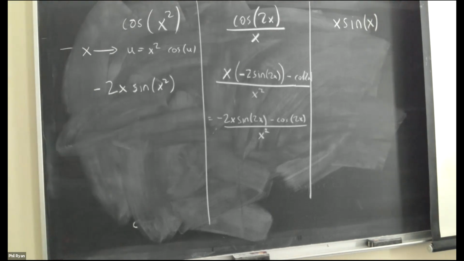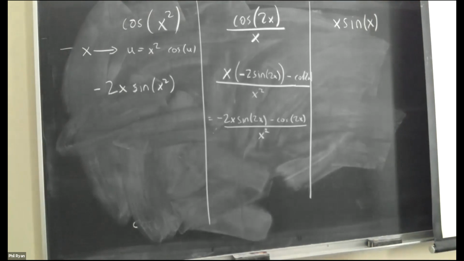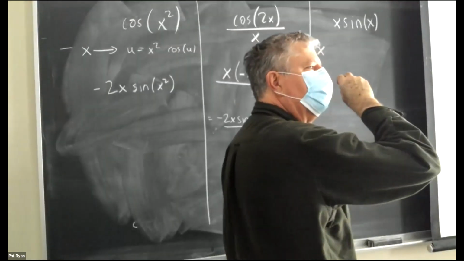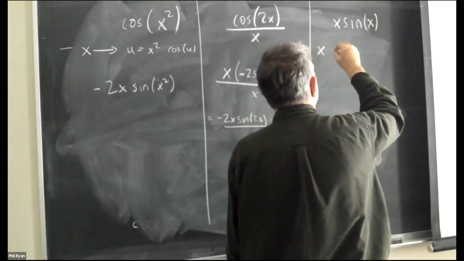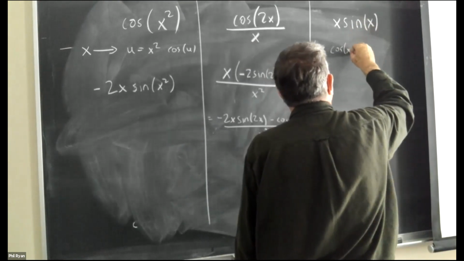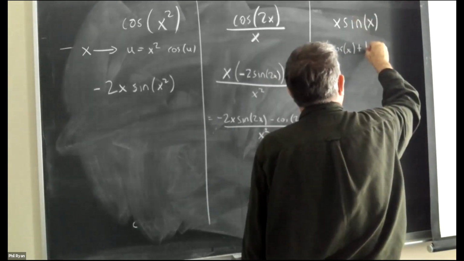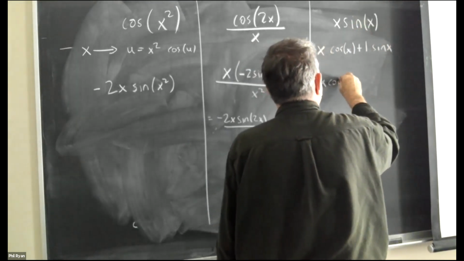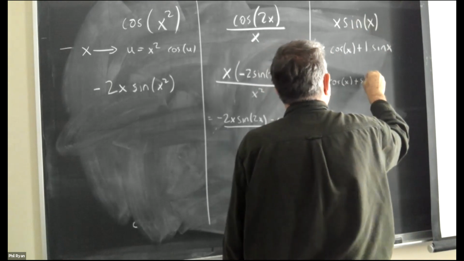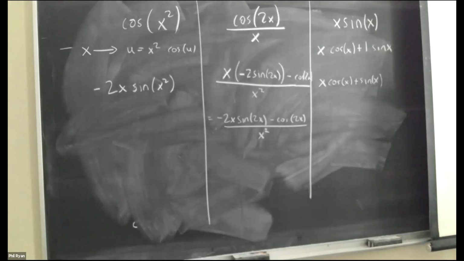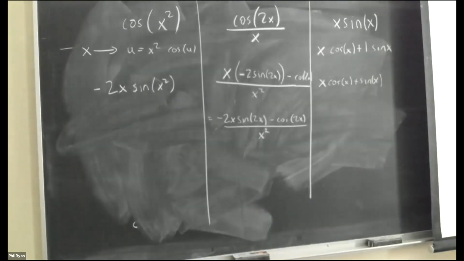Okay, so what rule do we have here? Right, product rule. Yep. And so it's just x times the derivative of sine, which is cosine, plus the derivative of x, which is 1, times sine x. So that's just x cosine x plus sine x. Okay.